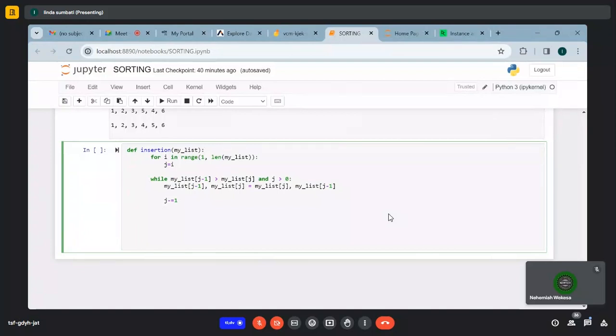While my list j minus 1 is greater than my list j, that means for us to make sure that j starts at position 1, according to the way we do indexing in Python, 0, 1, then j should be greater than 0. From my understanding, from what you wrote, Linda, j should be greater than 0, so that the second element in that list will be j. I don't know if you're getting me.